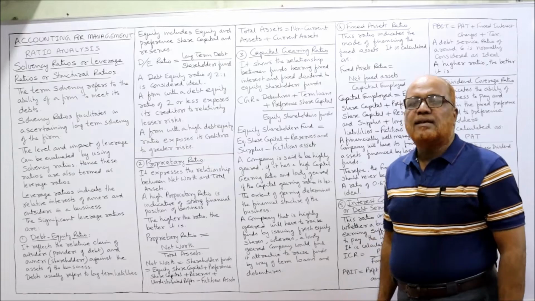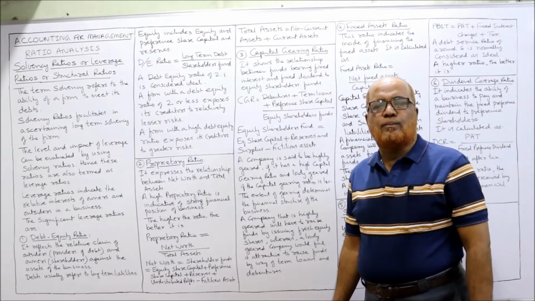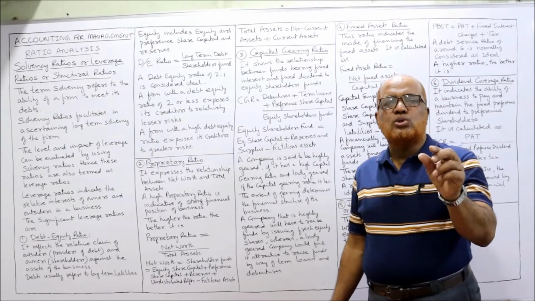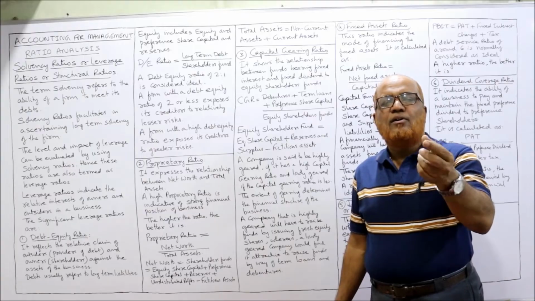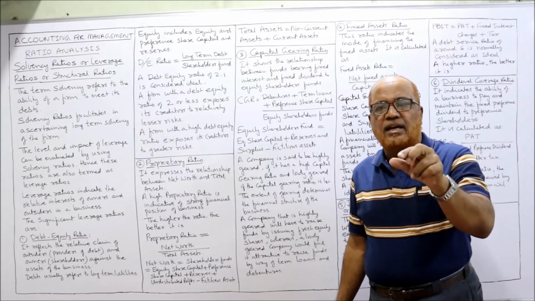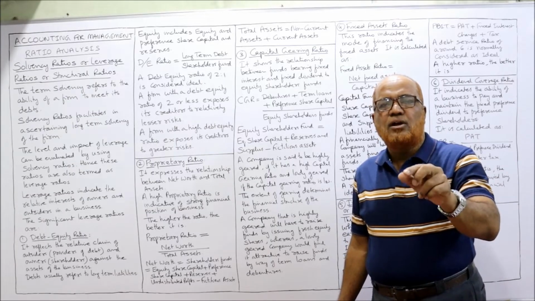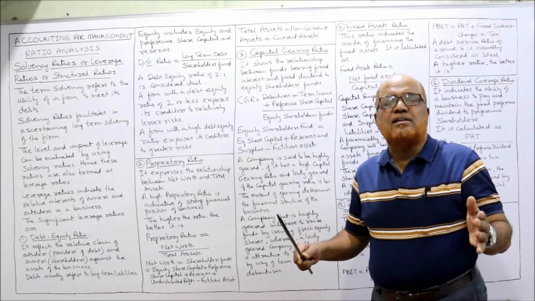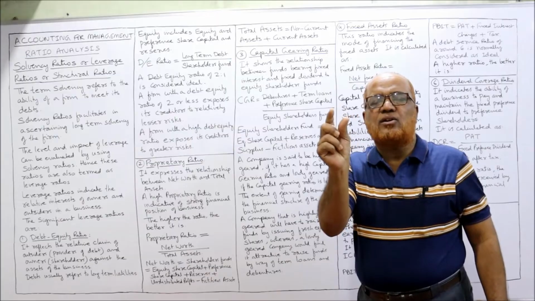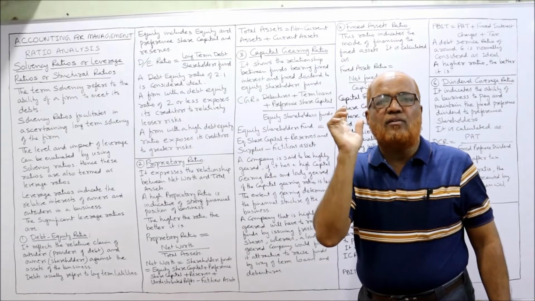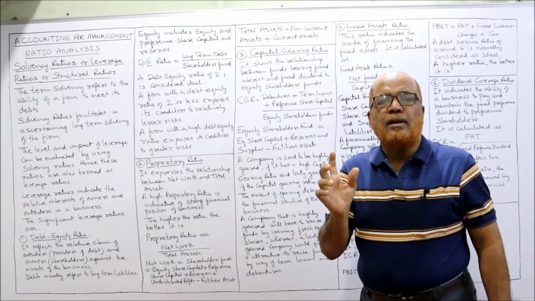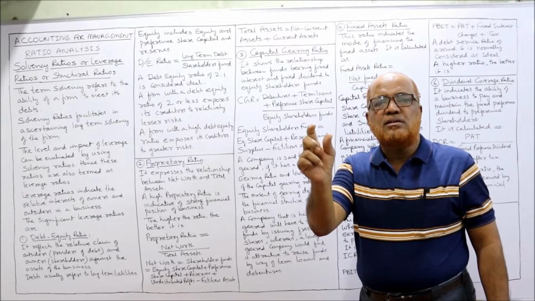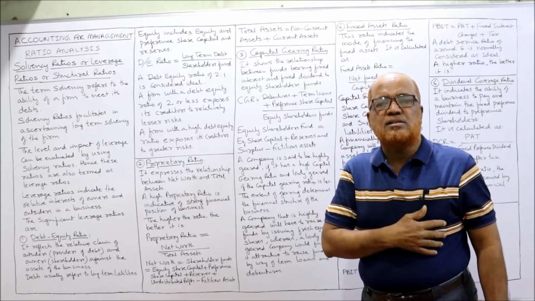The third one is capital gearing ratio. This ratio shows the relationship between funds bearing fixed interest and fixed dividend to equity shareholders' fund. There are some funds which bear a fixed rate of interest and fixed rate of dividend. Example, debentures, bonds, these will carry a fixed rate of interest.